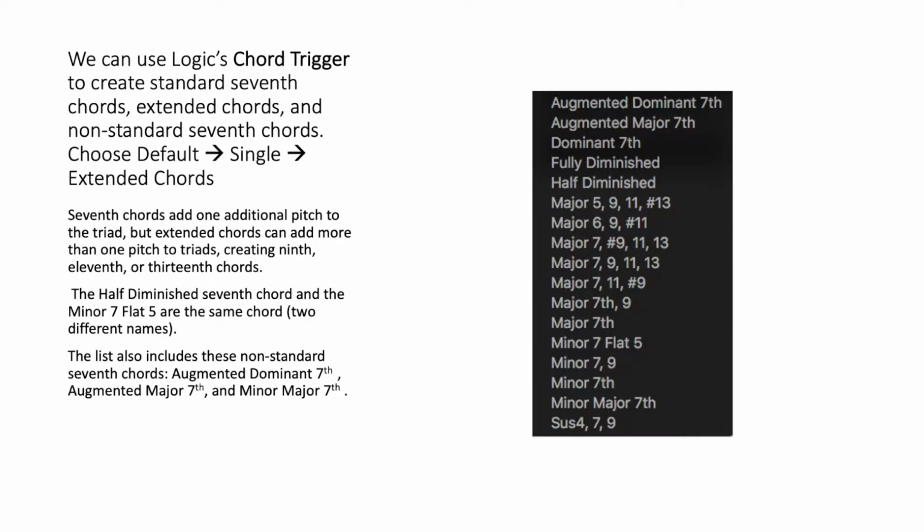The half diminished seventh chord and the minor 7 flat 5 are actually the same chord. You'll see both of them represented on the list, but they are the same chord with 2 different names. The list also includes some non-standard seventh chords, such as the augmented dominant seventh chord, the augmented major seventh chord, and the minor major seventh chord.